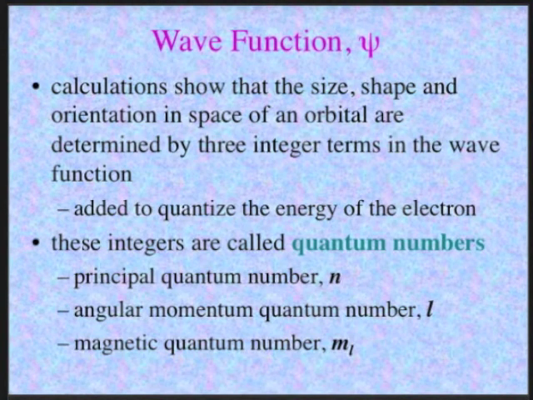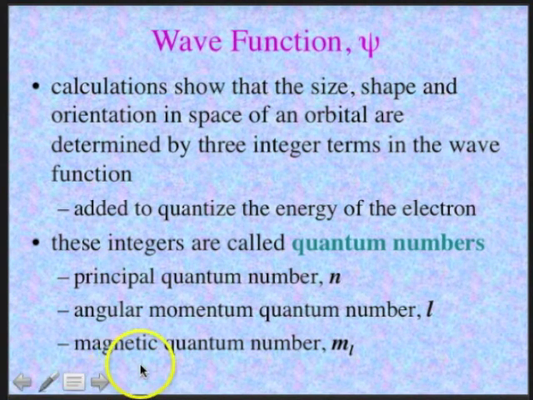The Schrödinger equation uses a wave function, psi, and calculations show that the size, shape, and orientation in space of an orbital are determined by 3 integer terms in the wave function. These integers are called quantum numbers.